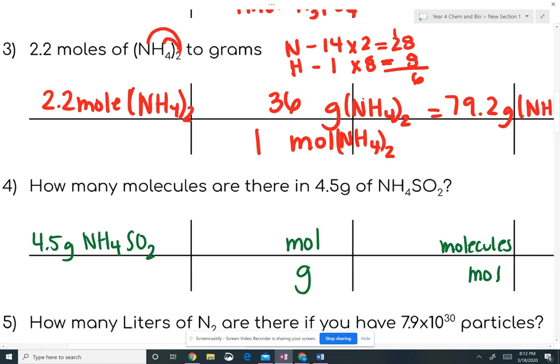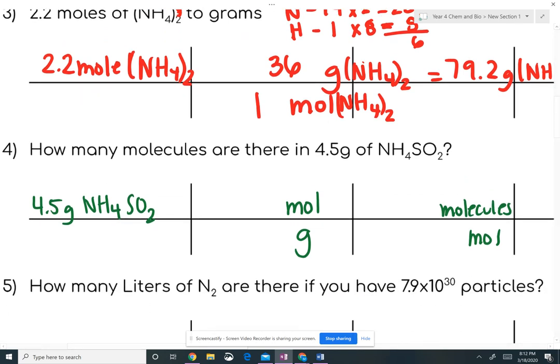And then I would be able to find my answer there, right? So in order to fill in this grams of NH4SO2, I am going to figure out how much each of these things weighs. So my nitrogen weighs 14. My hydrogen weighs, I have 4 of them, so I'm going to have 4 there.